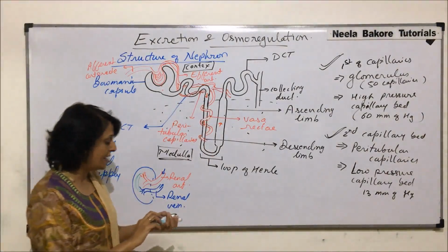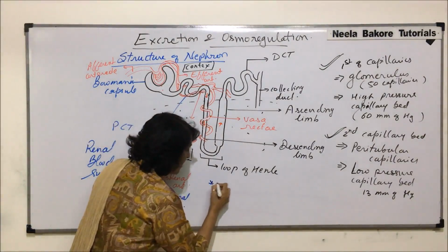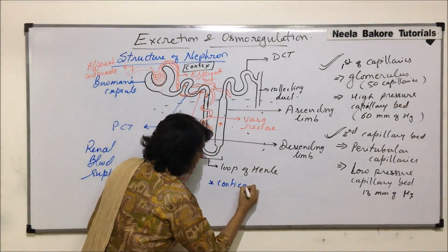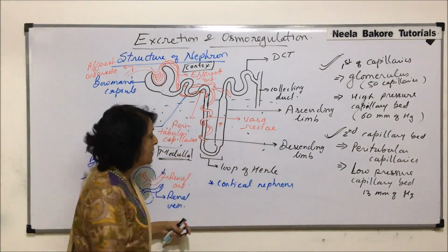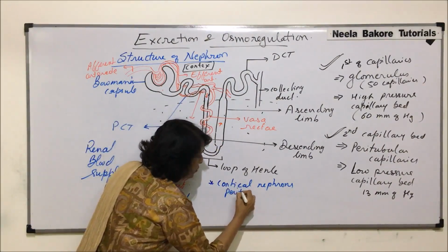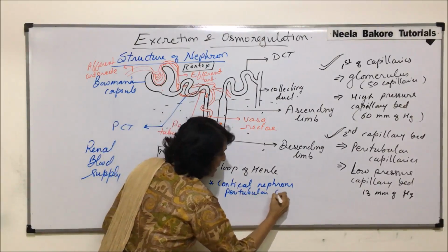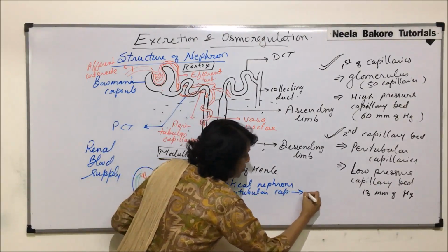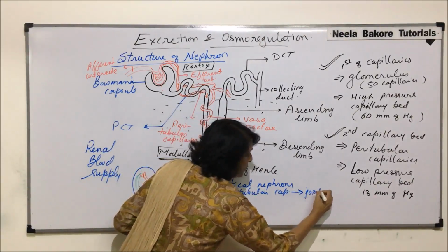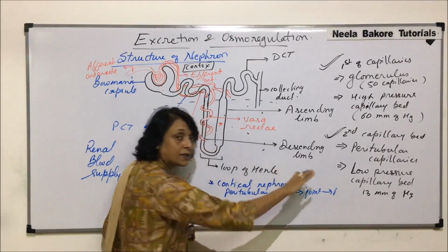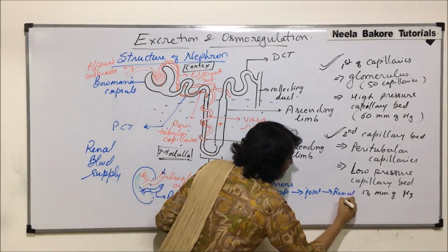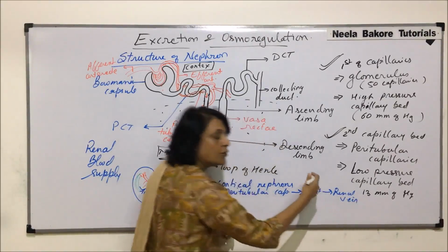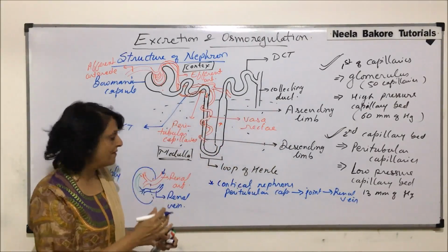So the difference is, in cortical nephrons, peritubular capillaries join to form, finally, we are talking about the end result, the renal vein. First it's going to be venules and then the vein.